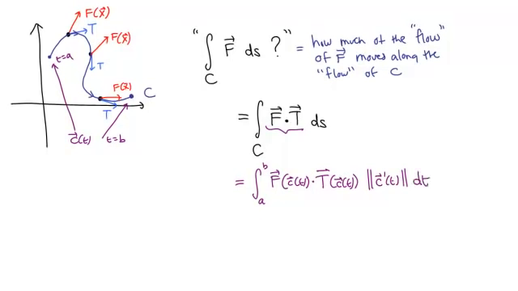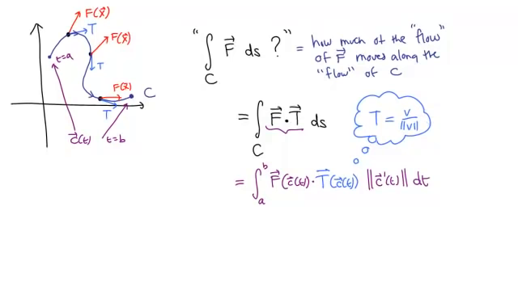But you might remember that we had a formula for computing the unit tangent to a curve. Do you remember what that formula was? The unit tangent was the velocity divided by the length of the velocity. It was the velocity vector normalized. But remember that the velocity of a curve is nothing more than its derivative.